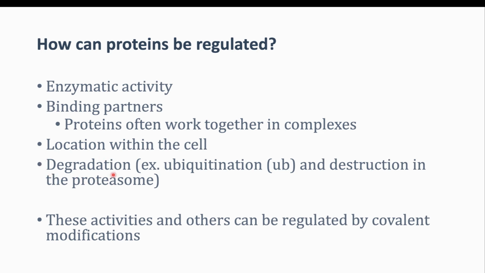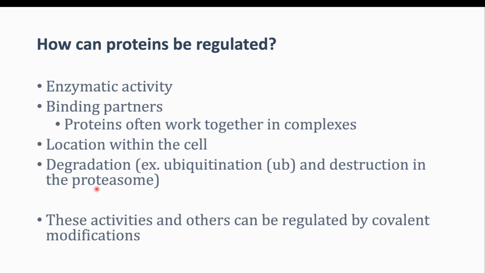Another important way of regulating a protein is its presence. Presence can be regulated through production, through transcription and translation, and those are important aspects of protein regulation, but proteins also can be degraded or broken apart. There's another type of tag called ubiquitin, which is a covalent modification that tags a protein to be destroyed in the proteasome.